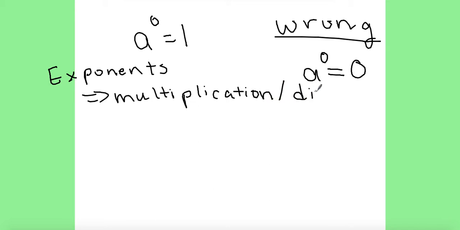So we're working with multiplication and division when we're working with exponents. And the only way to get a 0 when we're multiplying is to multiply by 0. So the only way I can have a 0 is if I have whatever that number is times 0.